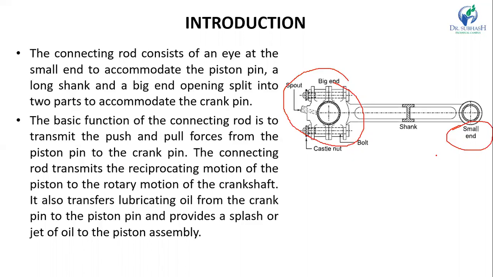Second, it transmits the reciprocating motion of the piston to the rotary motion of the crankshaft. It also transfers the lubricating oil from the crank pin to the piston pin, working as a transfer medium for the lubricating oil. And it provides a splash or jet of oil to the piston assembly.